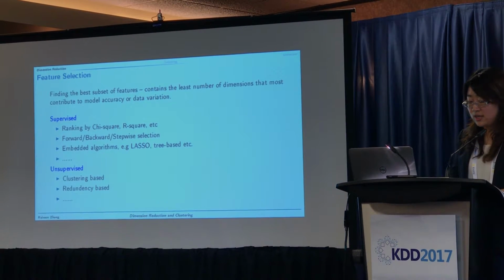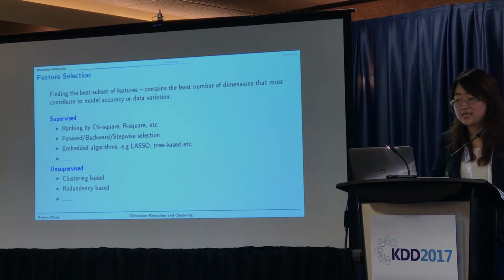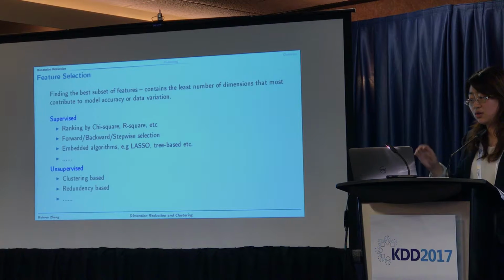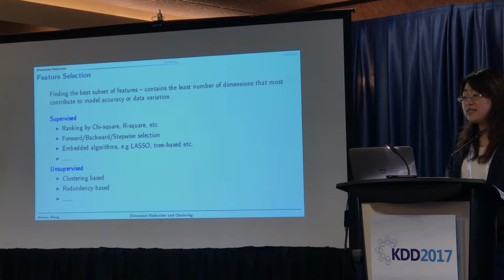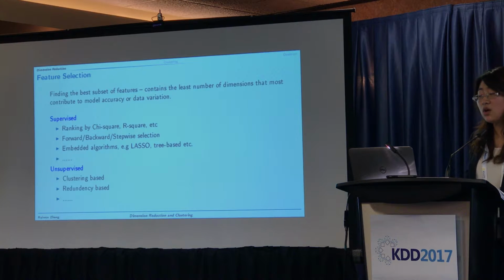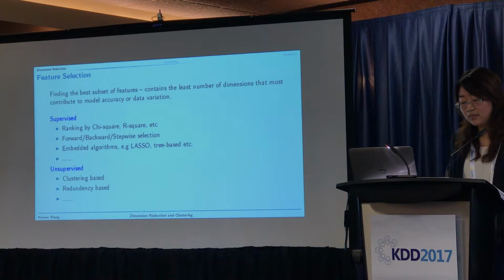Feature selection also reduces dimensionality. Instead of constructing new features in a lower dimensional space, it finds the best subset. The best subset contains the least number of features that most contribute to model accuracy or data variation.